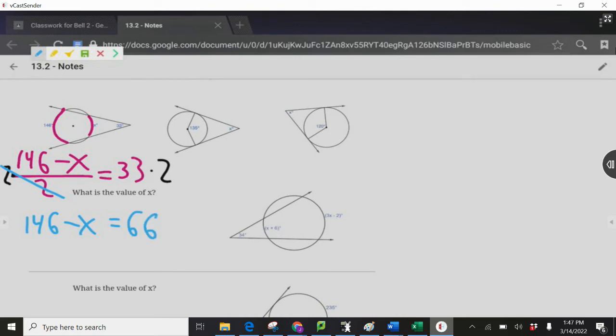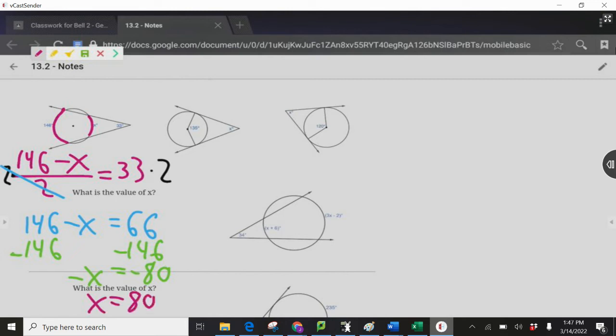And here's where students will often make the mistake. They'll want to add 146 over, but that is a positive 146. I'm going to subtract 146 over, minus 146. I'm left with negative x equals, that would be negative 80. But once you know that negative x equals negative 80, it's pretty easy to recognize that positive x equals positive 80.